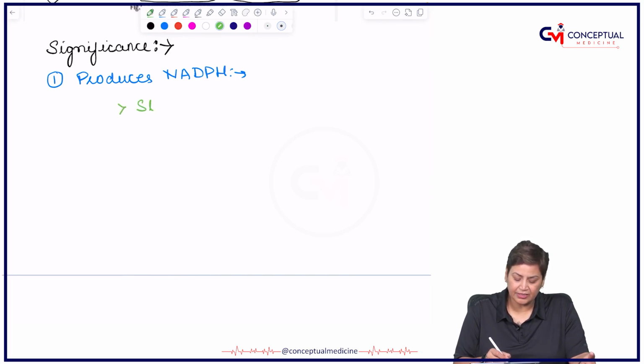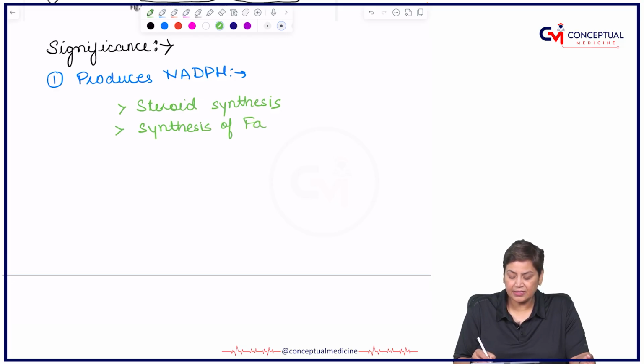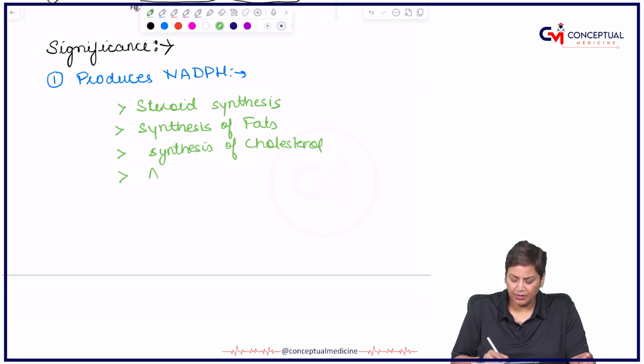So if we talk in general, what is the use of this NADPH? In steroid synthesis, when we have to make hormones in the body, NADPH is required. In lipogenesis or synthesis of fats. In the synthesis of cholesterol. So many uses are there, and in amino acid metabolism also. Right?